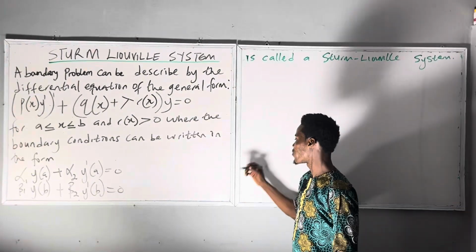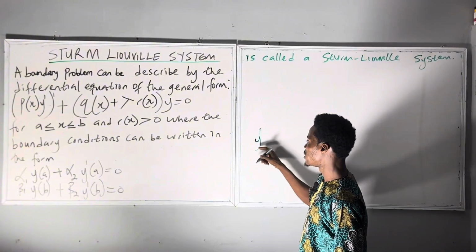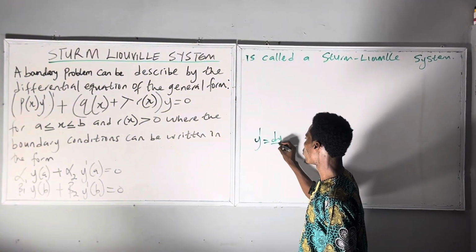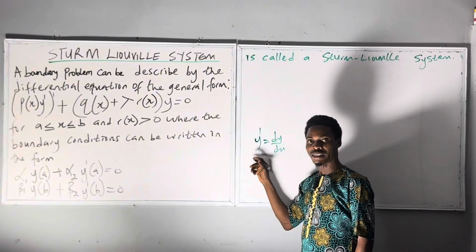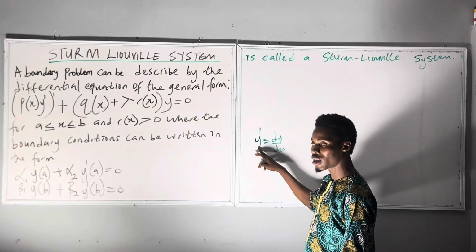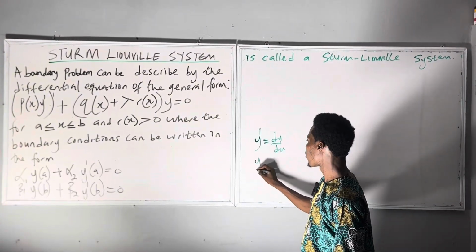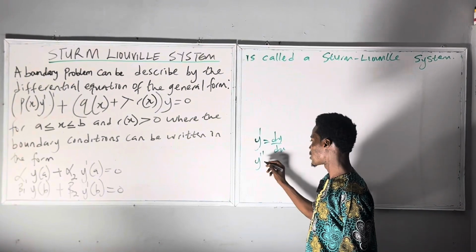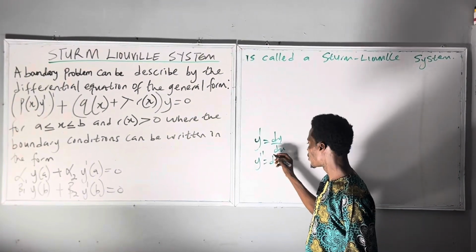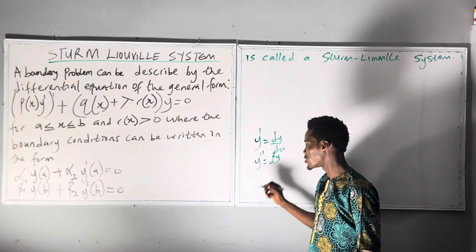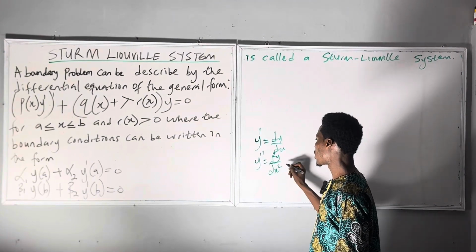I've explained this. If I have y prime, this means dy over dx, that is the derivative of y, a first order derivative. If I have y double prime, that is a second order derivative, d squared y over dx squared.